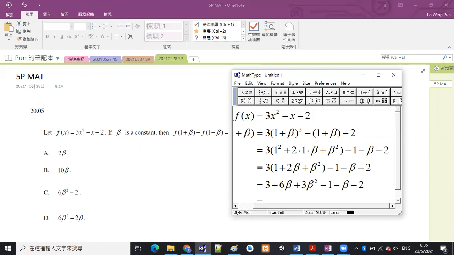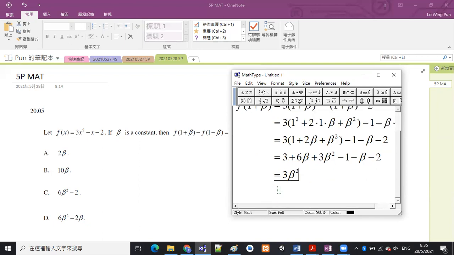And there are some like terms also. We write down the terms according to the power of the unknown. So we write 3 beta squared first, and then 6 beta minus 1 beta becomes plus 5 beta. And for the constant term, we have 3 and then minus 1 minus 2.